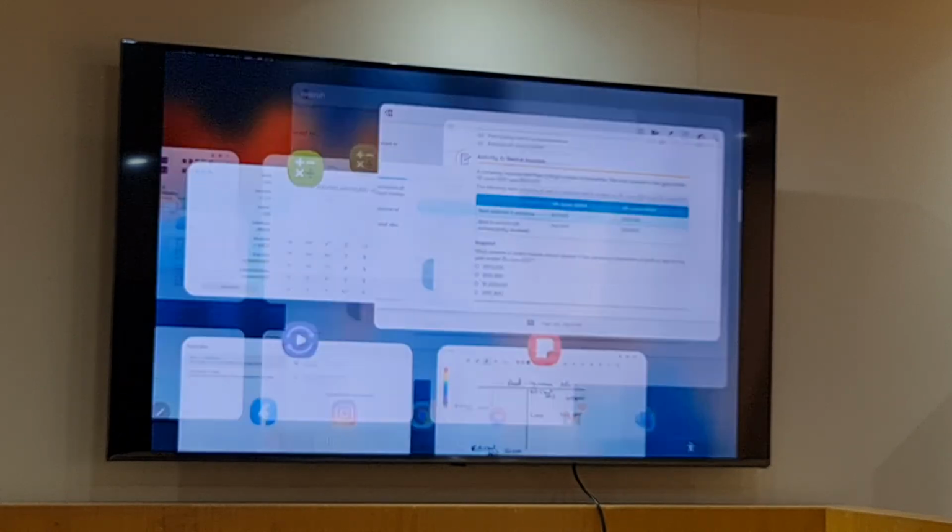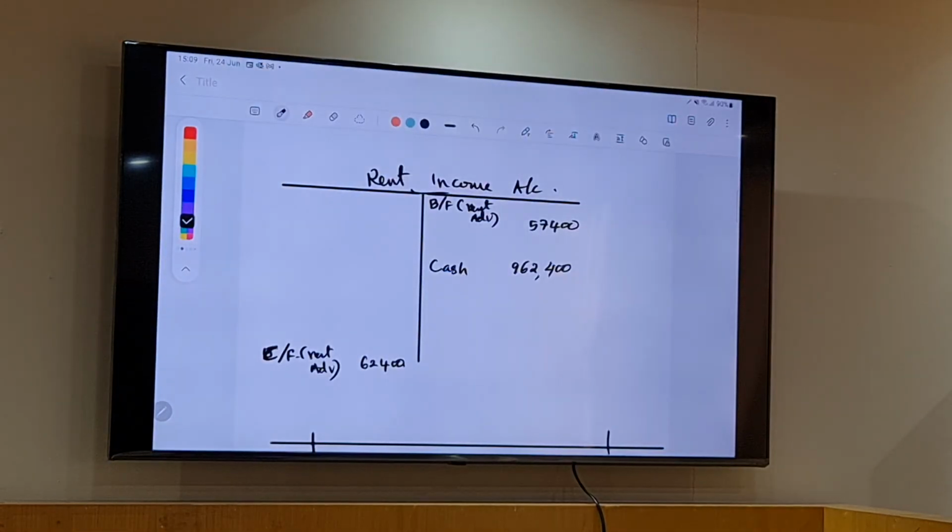So if this is an asset and an opening balance, balance brought forward, rent arrears, how much? 42,400.